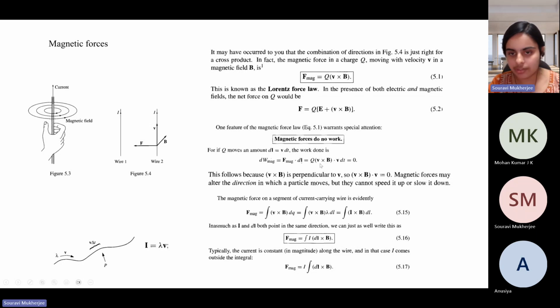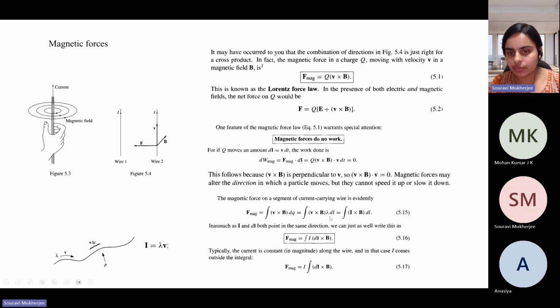Now, this is for a single charge. If you have a charge distribution, suppose a current carrying wire where you have lambda charge over length dl, moving with velocity v, you would extend the same concept to an integration, where you have v cross B into lambda dl over the length of the segment of the current carrying wire.